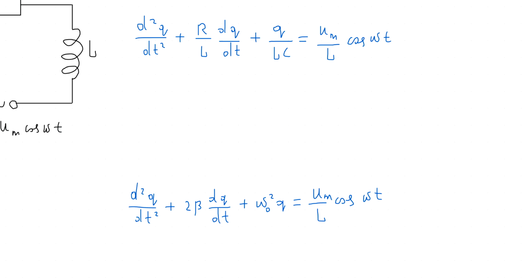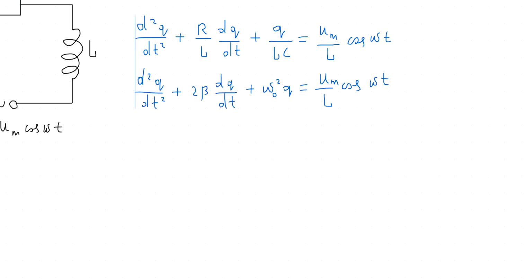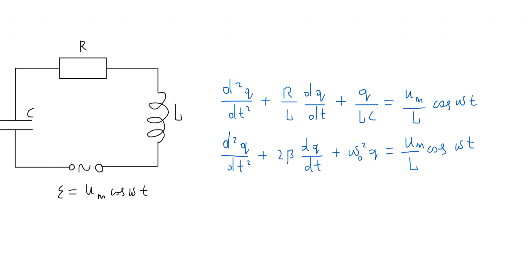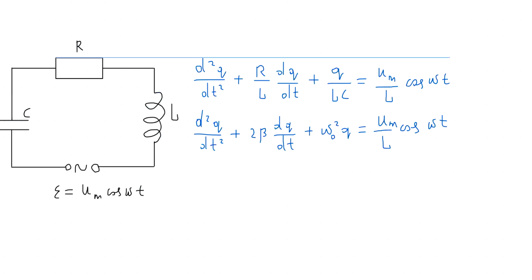Okay, so we have obtained the differential equation for the RLC circuit, and here it is necessary to write that beta is equal to R, resistance, divided by double inductance, and omega 0 is equal to 1 divided by the square root of LC.